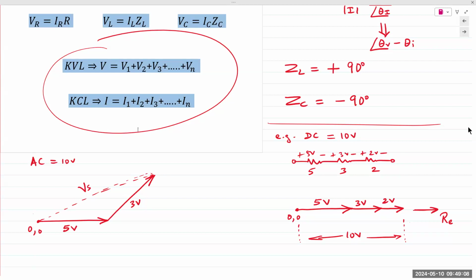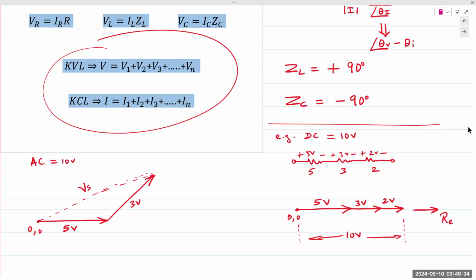Any other questions? Yes. Yeah, the phase angle will always stay the same, but only for that specific inductor, meaning there could be multiple inductors, multiple capacitors in a circuit. So the question being asked is, do the phase angles for inductors and capacitors always stay at plus 90 and minus 90?